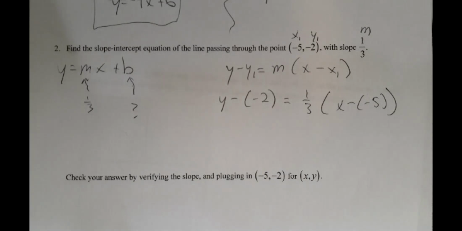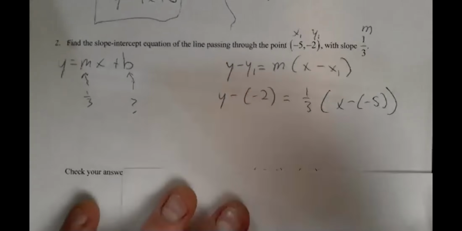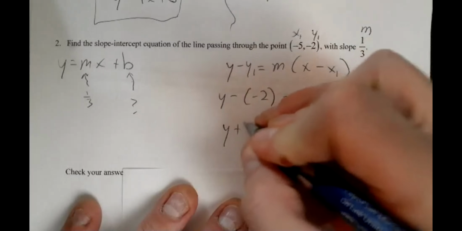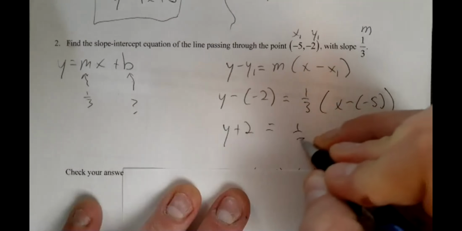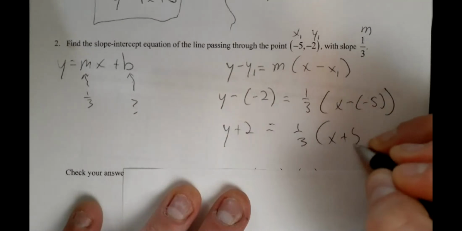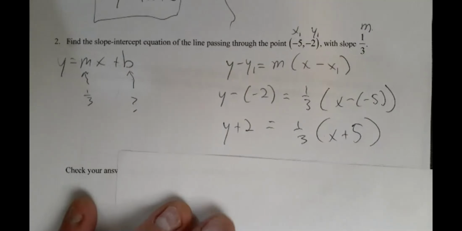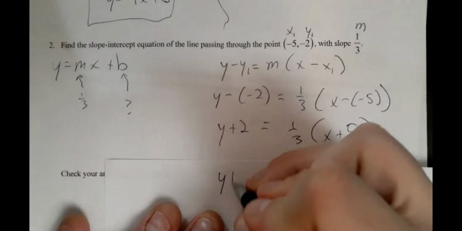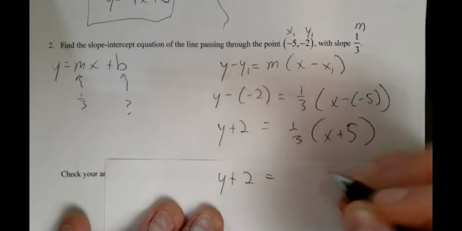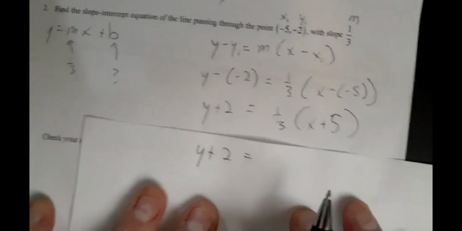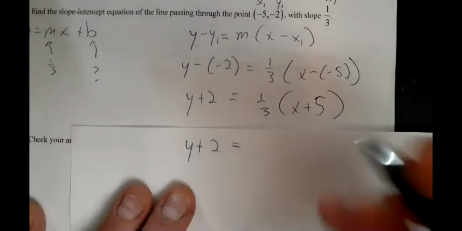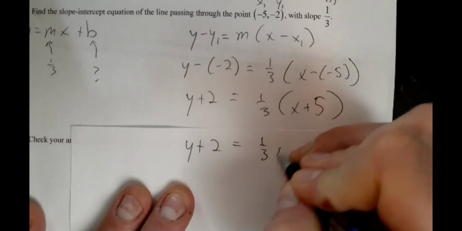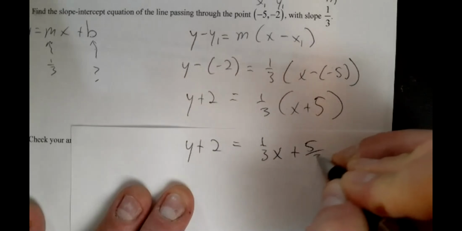Okay, so I'm going to do a little bit of cleaning up real quick. So y plus 2 equals 1/3 times x plus 5. And so I need to do some distribution now. So I do 1/3 x plus 5/3.